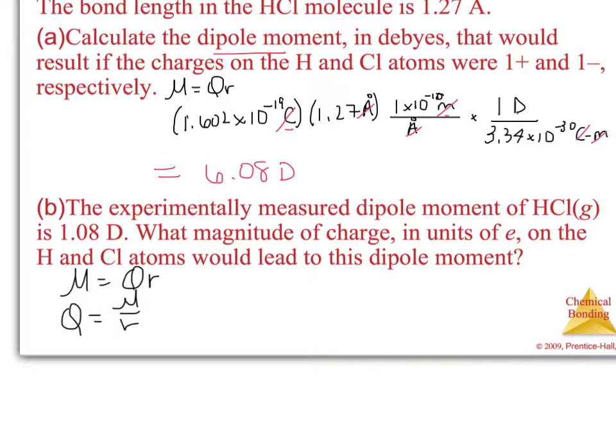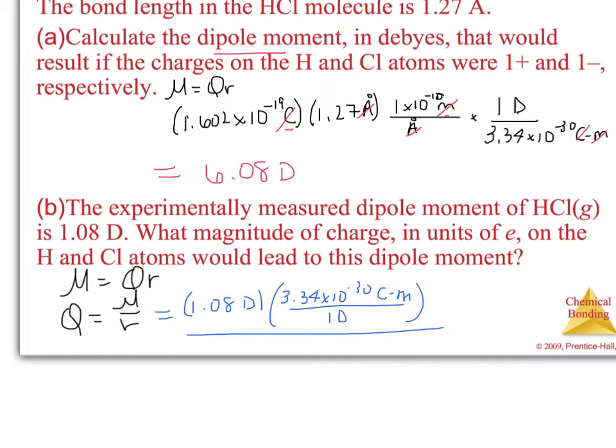So in order to solve for Q, we're going to rearrange our equation, and we get mu divided by R. So to simplify this, our mu value is going to be our Debye. So we have 1.08 Debye, and we have to convert that. So we're going to multiply that by 3.34 times 10 to the negative 30th coulomb meters for every 1 Debye.